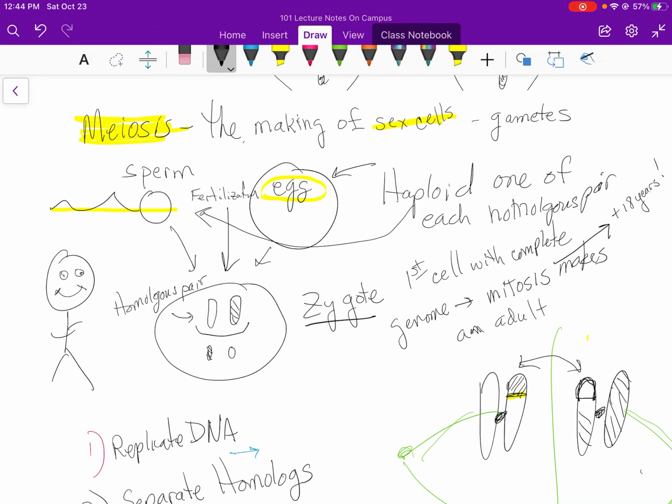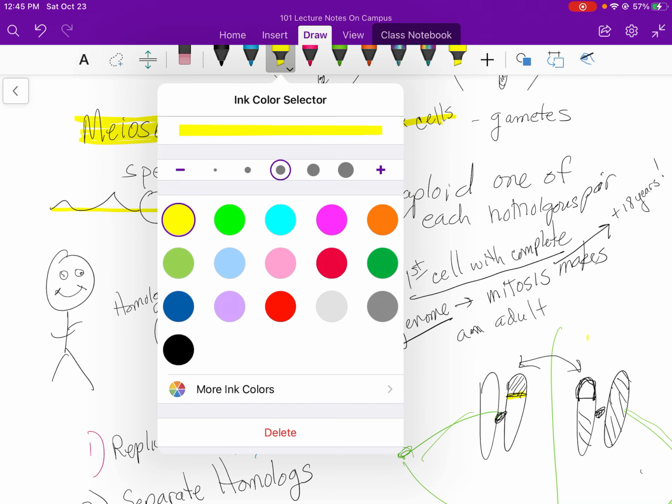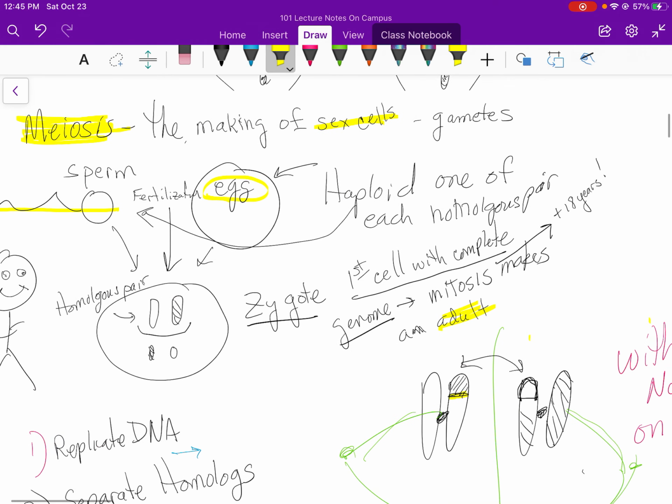As I have referred to it, the zygote is that single cell that will begin to divide mitotically, generating identical daughter cells, and with millions and millions of divisions, and with one complete genome, this will eventually make an adult, with at least 18 years, I suppose, of dividing and dividing. So in the process of doing this, we don't make identical cells like the parent cells because there would be too much DNA in the zygote.